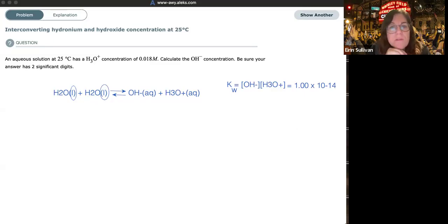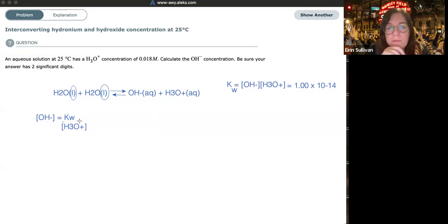So we've been asked to calculate the hydroxide concentration, so we can just rearrange this. So hydroxide concentration is going to be the subject. So the hydroxide concentration is going to be Kw over the hydronium concentration. So Kw is always going to be 1 times 10 to the minus 14. Again, you might want to be careful with parentheses, etc., sticking that in your calculator.